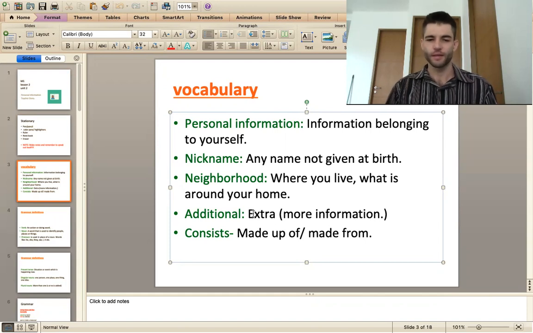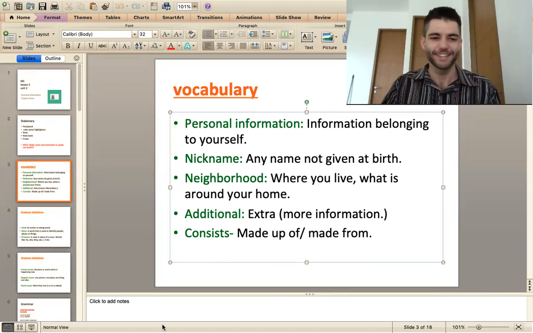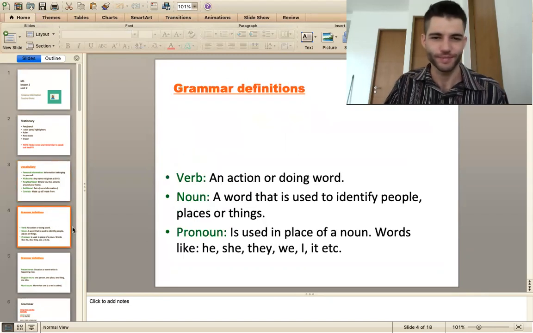Consists means made up of or made from. So bread consists of flour, egg, and water. So it's what it's made of. Consists. So you can say the words again to repeat it and say it out loud and maybe make some notes. Let's go to number 3.